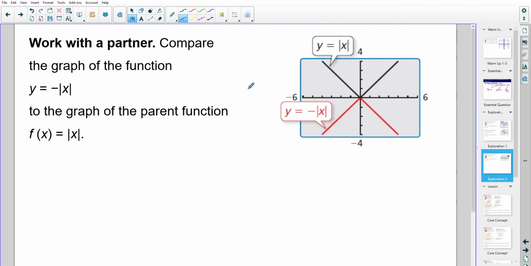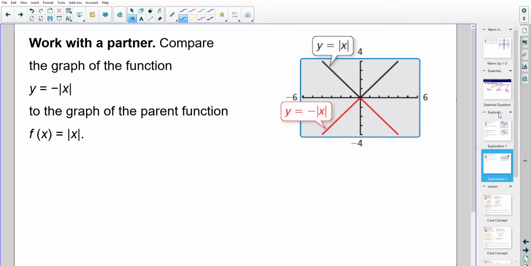The other condition here is where you have a reflection over the x-axis. So if you're multiplying by -1, it's going to take all of these numbers and make them negative. So your y's that are positive become negative, and therefore it's a reflection down.